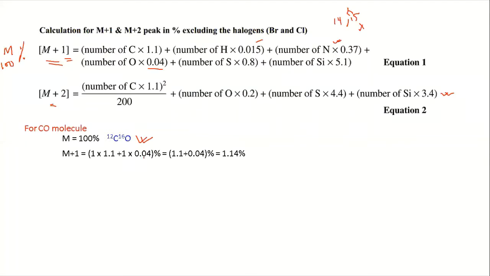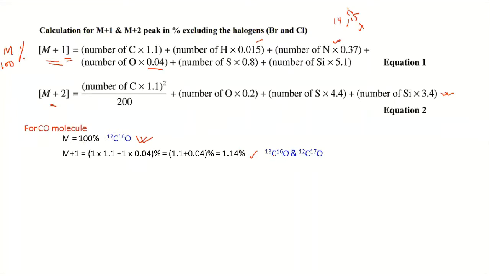I don't have any other nitrogen or hydrogen or sulfur or anything, so I don't need to bother about that. What I am getting is 1.14%. So M will be 100%, M+1 will be 1.14%.